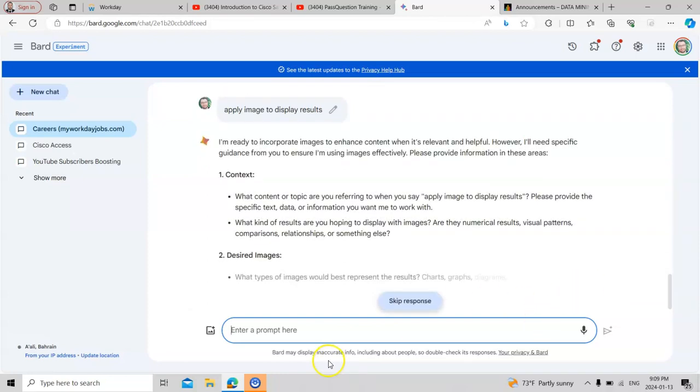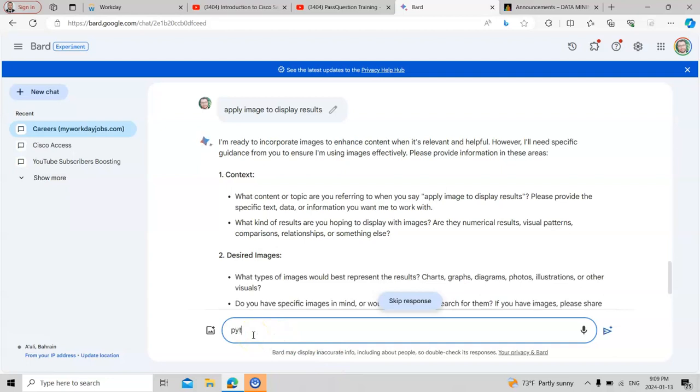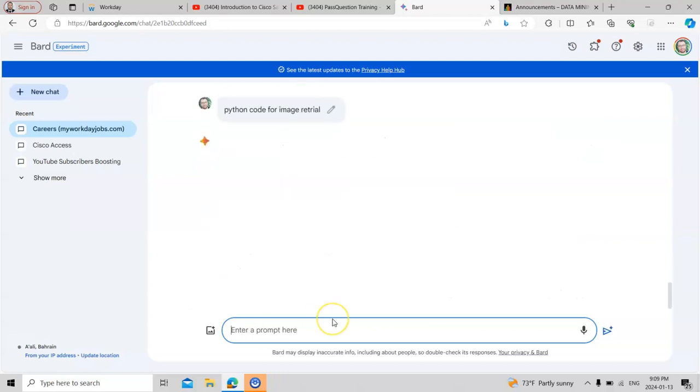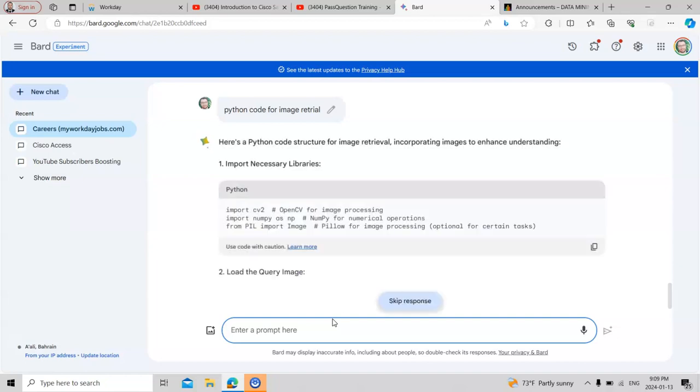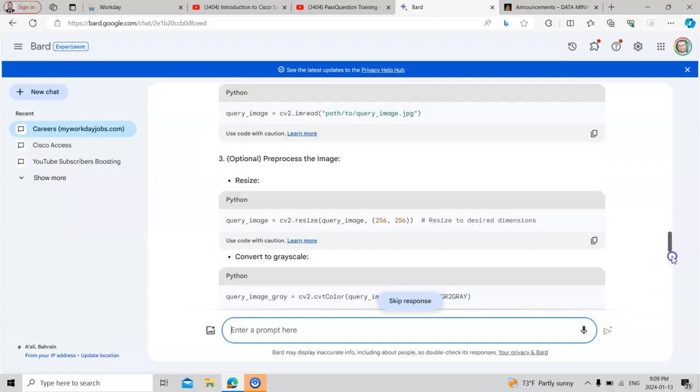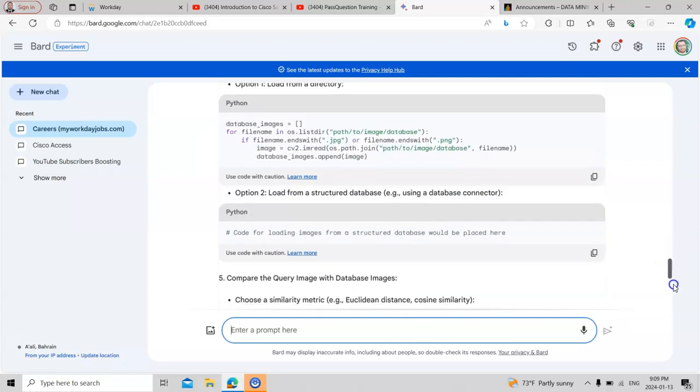But you need to specify a Python code for image retrieval, let's suppose. Because this will give you some code with which you can retrieve the images. I will give you a data set that I'm not going to show you now. You can use any data set, and this is a very simple code, so that could be easily done.